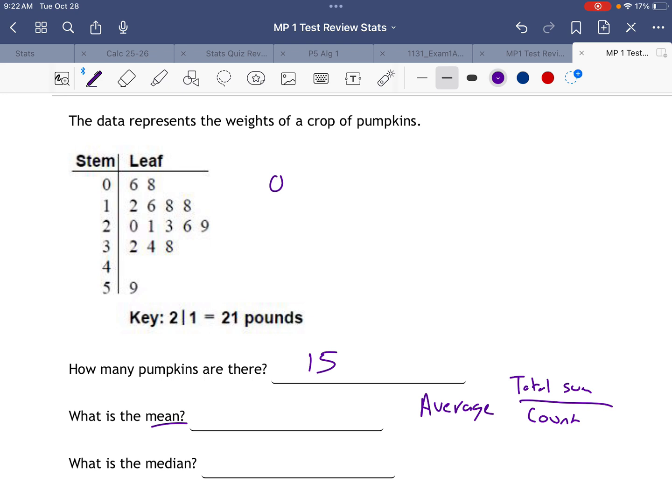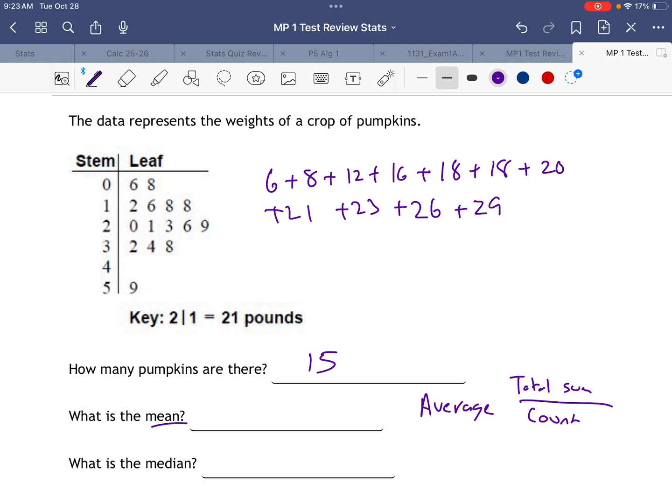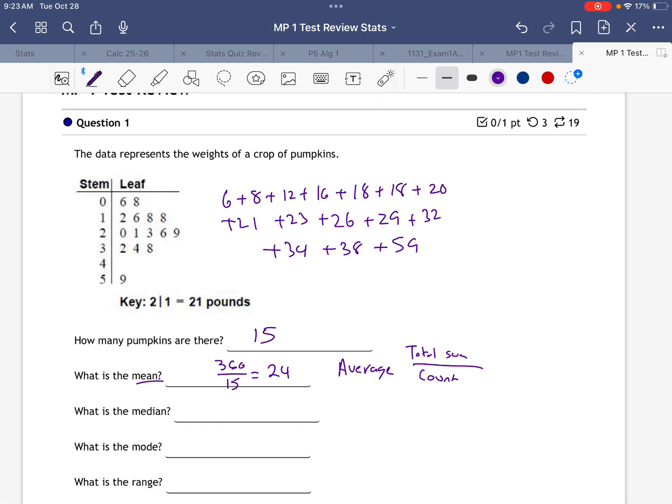So when I add up 6 plus 8 plus 12 plus 16 plus 18 plus 18 plus 20 plus 21 plus 23 plus 26 plus 29 plus 32 plus 34 plus 38 plus 59. When I add these all up, I get 360. And I'm just still dividing by that count of 15 to get 24.